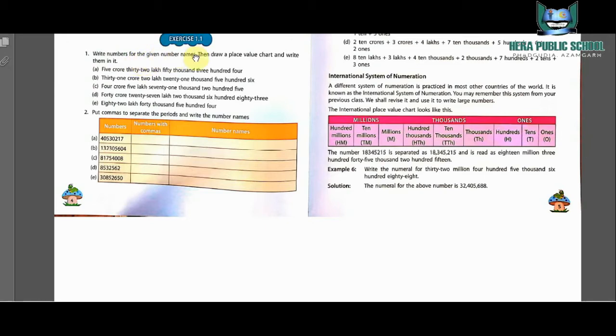Meaning, the number names that are given, we have to write them in numeral form. Then draw a place value chart and write them in it. After that, we have to draw a place value chart, and in it, the place of every digit, which digit is at which place, we have to put every digit at that place. So students, I'm going to solve question number A.